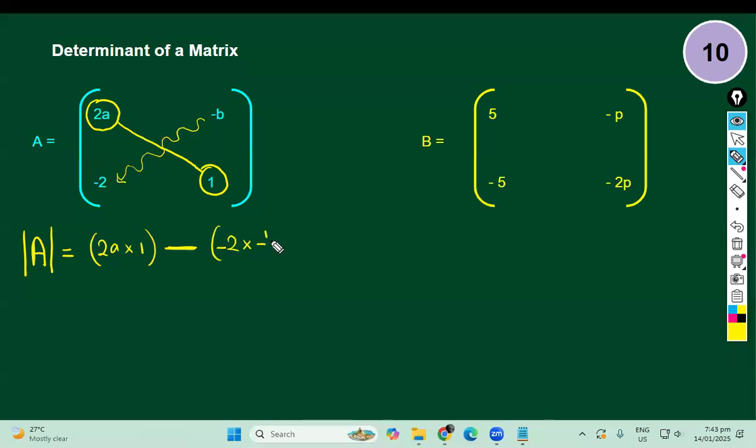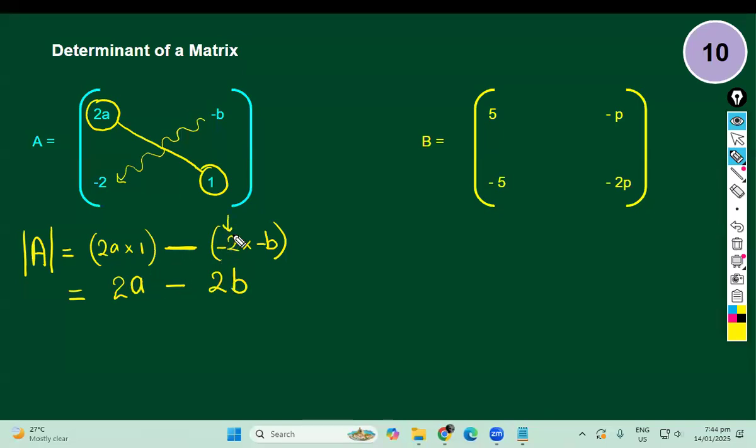Minus 2 multiplied by minus b. 2a by 1 is 2a, minus 2 by minus b, well, 2 by b is 2b, and a minus is a positive. So you can leave it out there, right? Can you simplify this? No, because one has a and one has b. That's the final answer. Somebody had 2a plus 2b here.